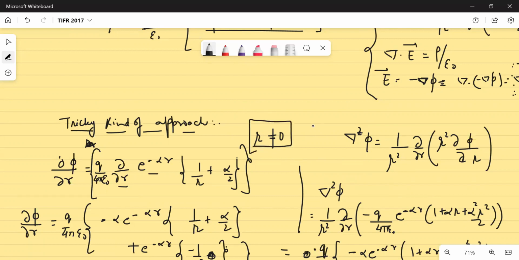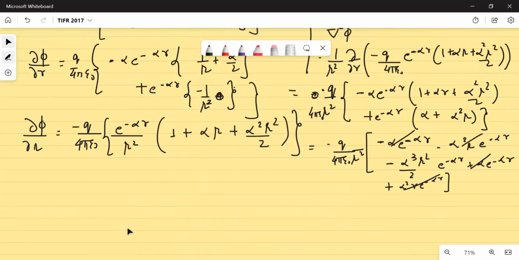So basically, my evaluation of this Laplacian of phi is only for r greater than 0. I'll suggest another approach later on, but right now the first approach is a tricky kind of approach that I'm taking. I'm just assuming that r is greater than 0. If r is greater than 0, then whatever I'm writing right now is completely valid. There is no issue about it. So what will happen?